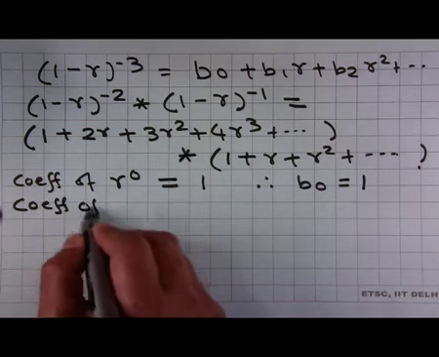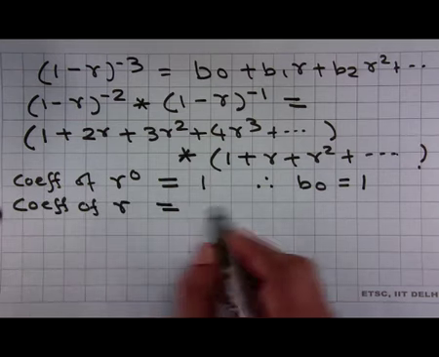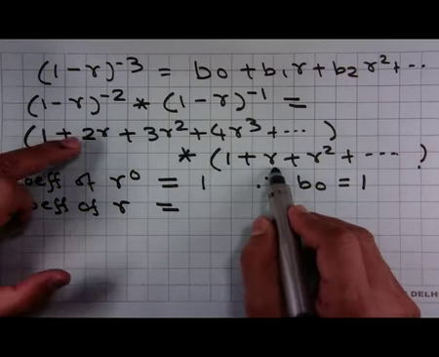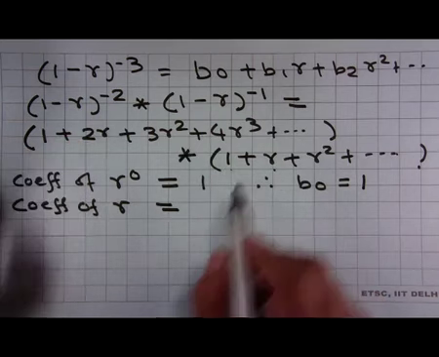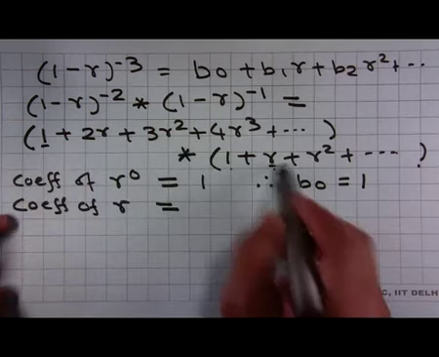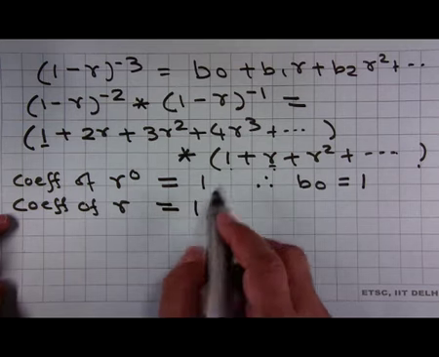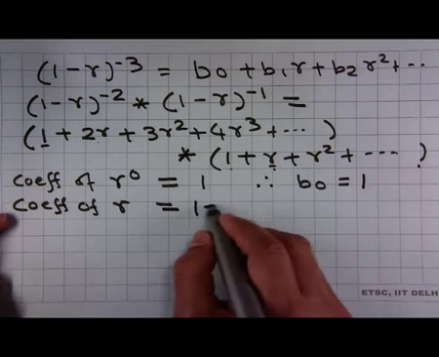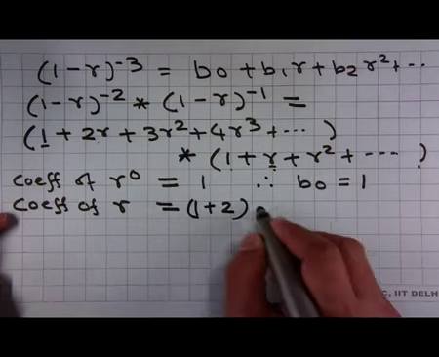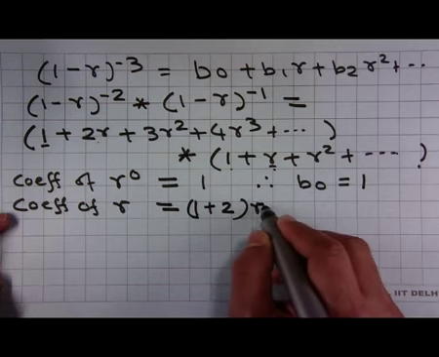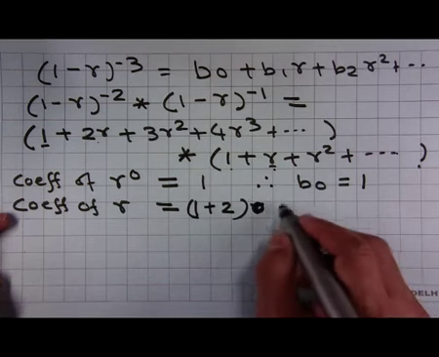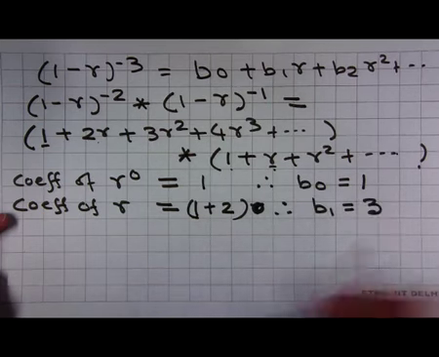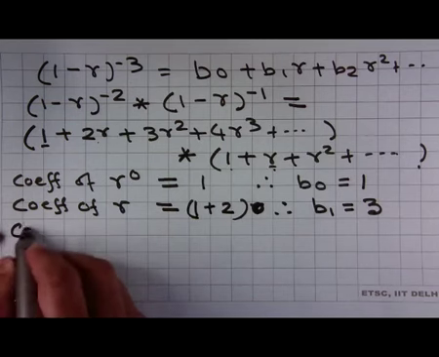Coefficient of r is equal to 1 times this r plus 2 r times 1. Can you see that? This one multiplied with r will give 1 r, and these 2 r multiplied with this one will give 2 r's. So, this is 1 plus 2. Therefore, b 1 is equal to 3.